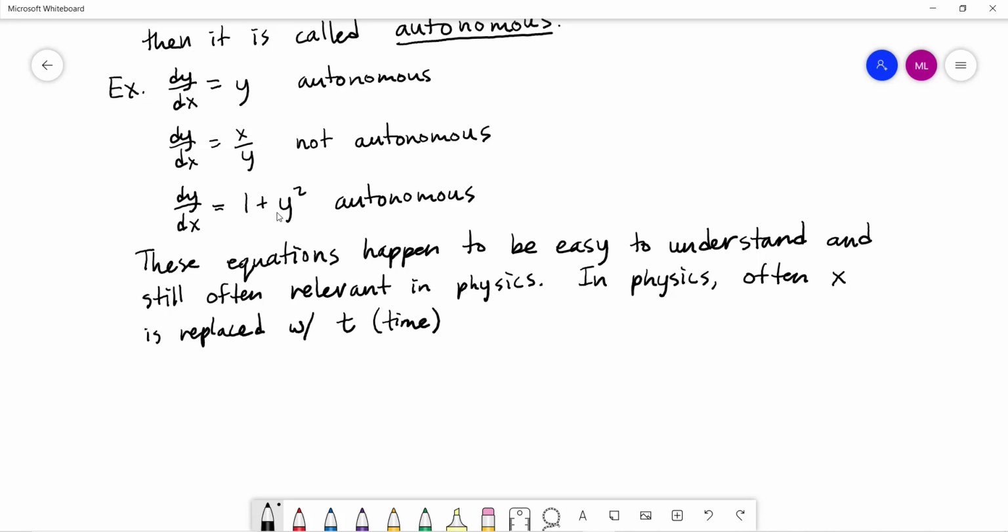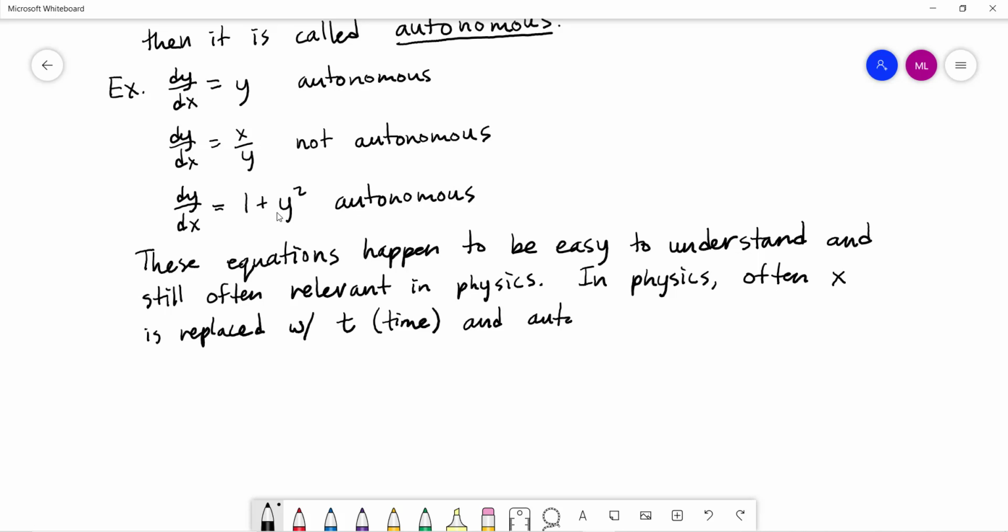And basically, these types of equations show up as laws that are unchanging in time. So things like population growth. Doesn't matter if it was 100 years ago or 100 years from now, the population growth of a set of rabbits, put 2 rabbits in a cage, are going to have the same type of population growth in either case. There's no time dependence on what that model looks like.